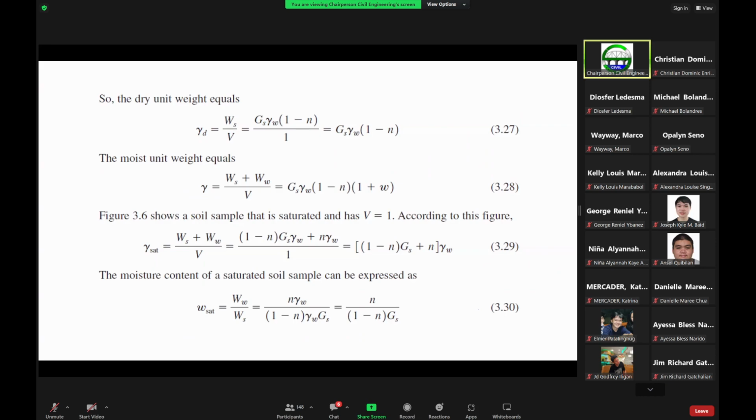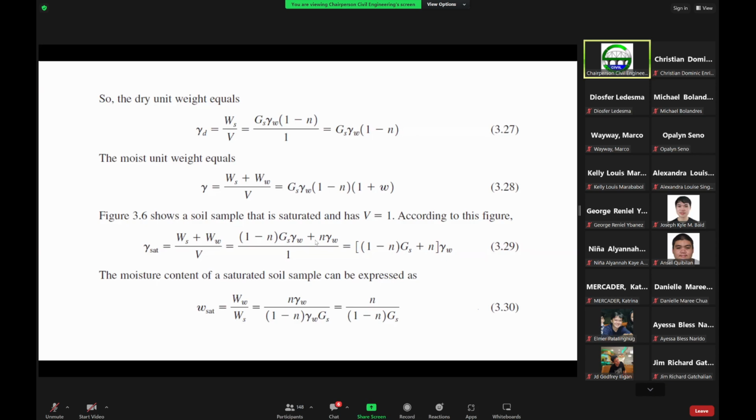So in the case of the saturated unit weight, we now have the weight of the soil solids plus the weight of water. We know that this is the weight of the soil solids, just the same. But this time, for a saturated soil sample, the weight of water is equal to the porosity times the unit weight of water over the total volume, which is equal to 1.